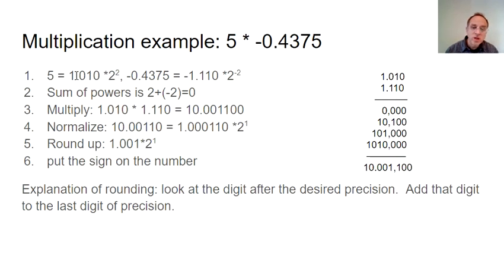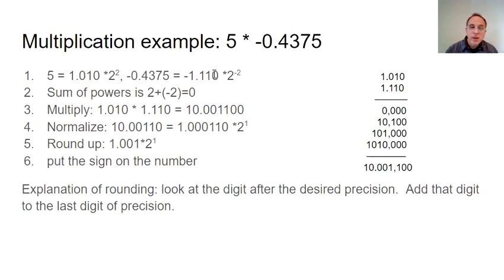Here I made the number smaller, so I've got to multiply by a bigger number. Here I made the number bigger, so I have to multiply by 2 to the negative 2. In this number I moved it to the right, so I put negative. Here I moved it to the left, so I put positive 2. I moved it 2 places both times, just by coincidence.